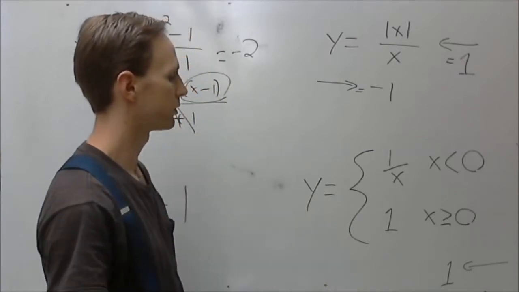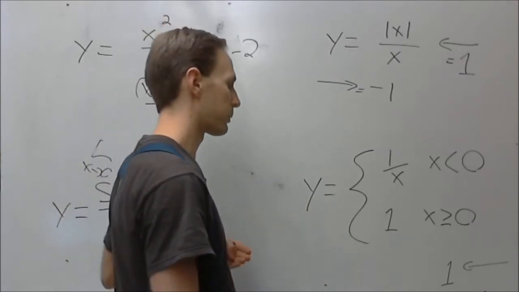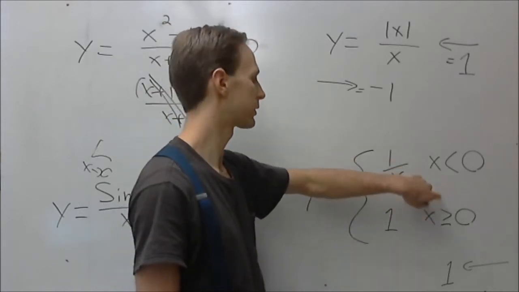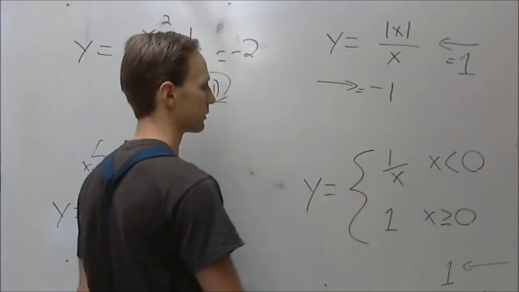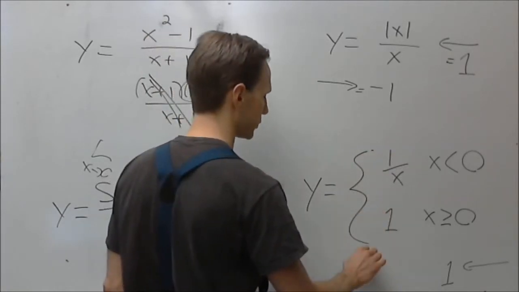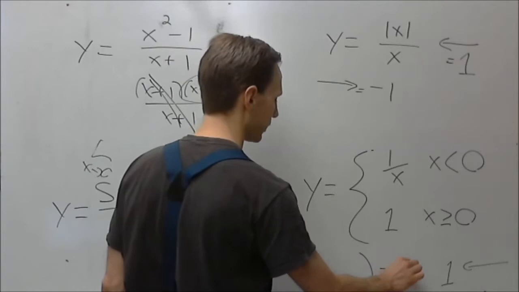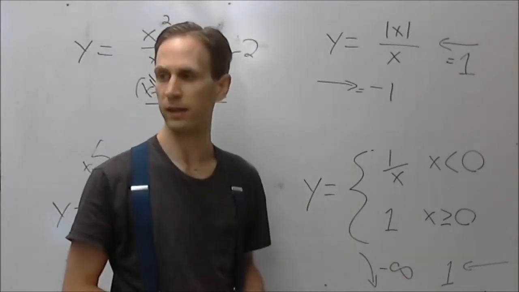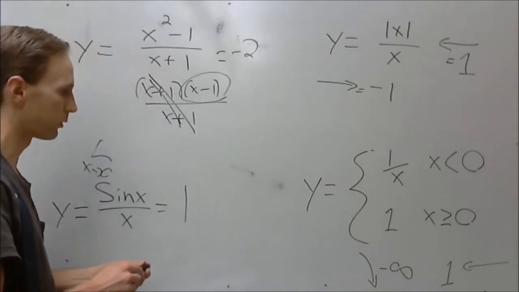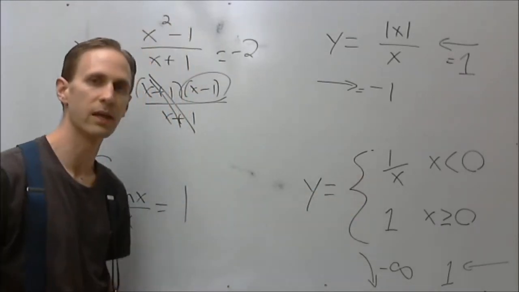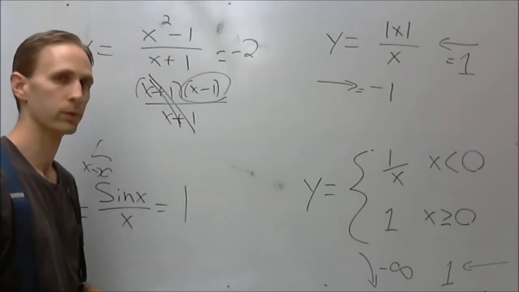However, as x approaches 0 from the left, you use this one, because negative numbers are in this conditional, and for this one, it goes to -infinity. So that one shoots down to -infinity, and anything that has infinity or -infinity in it does not exist, and so this discontinuity at 0 is a non-removable discontinuity.